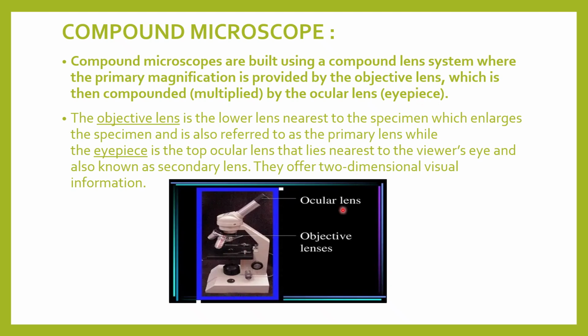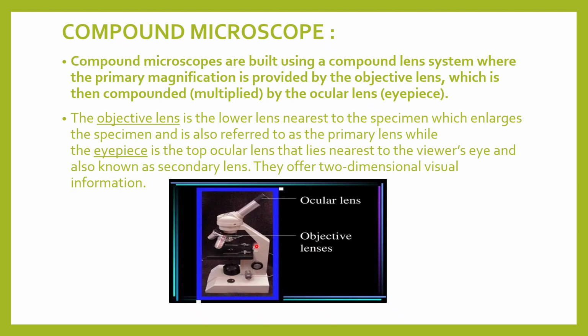Then the objective lens is the lower lens nearest to the specimen which enlarges the specimen, and is also referred to as the primary lens. As you can see, this is the one which is lower, and this is called the primary lens.